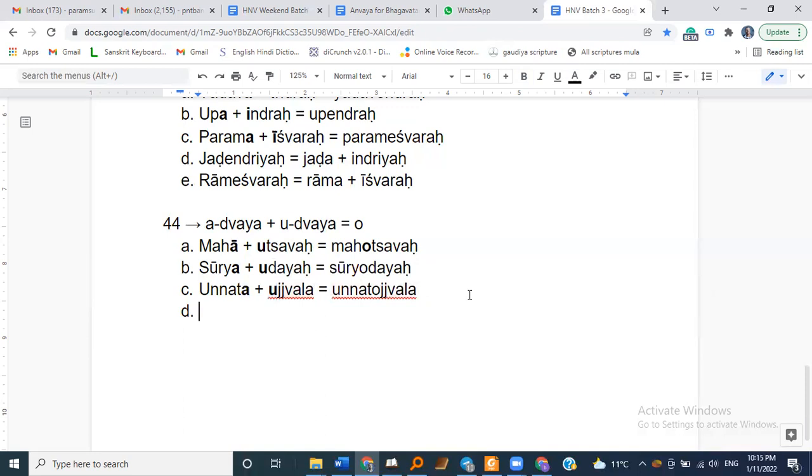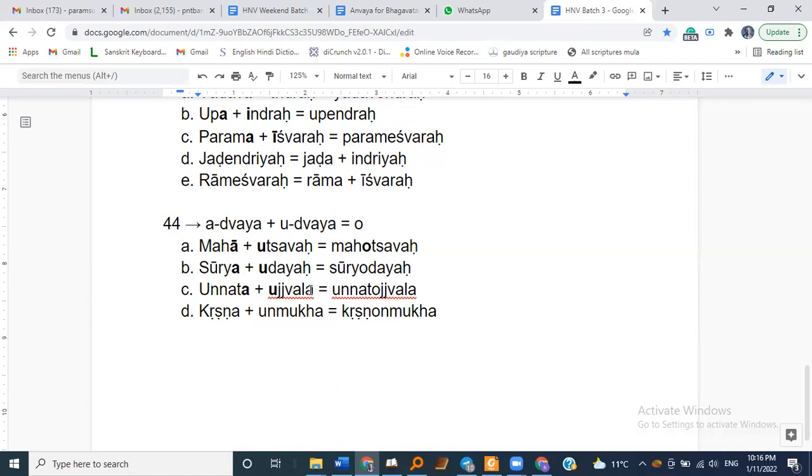Krishnonmukha. So Krishna Yukta Unmukha turns into Krishnonmukha, ityadi. So this way, this third rule, Udvay O, takes place.